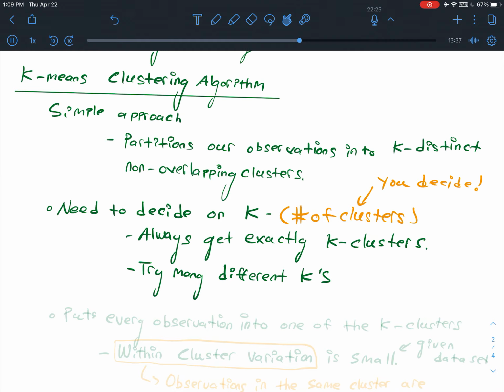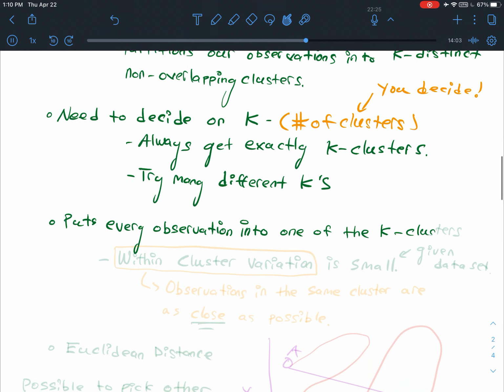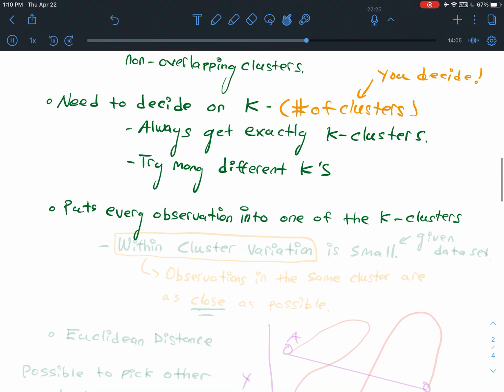All right, so we decide on k, and then restricted on that k, the k-means algorithm puts every observation into one of the k clusters with a guarantee, with a really nice guarantee.